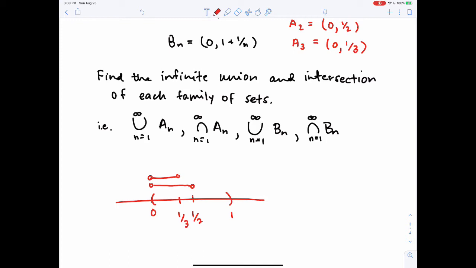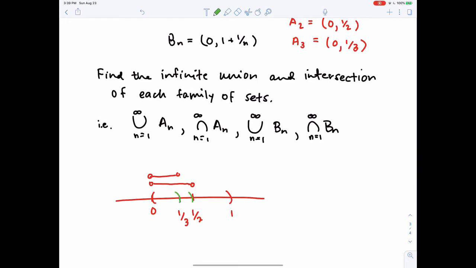And what I see is that my right endpoint is essentially just sliding to the left. If I look at, for example, the set A sub 1, A sub 1 is the largest set. It contains all other sets. So in particular, A sub 1 contains A sub 2, which contains A sub 3.